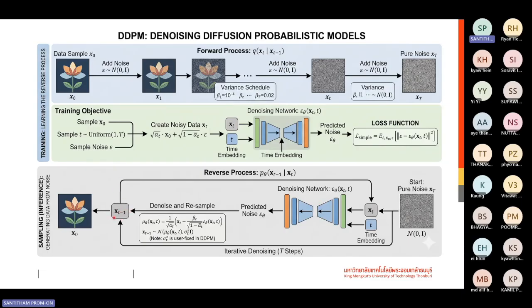The improvement here is done through the sampling of this distribution. We know that the correction will come from mu theta of xt and t here. The mu of the new distribution will be xt, the previous pure noise, minus the predicted noise.